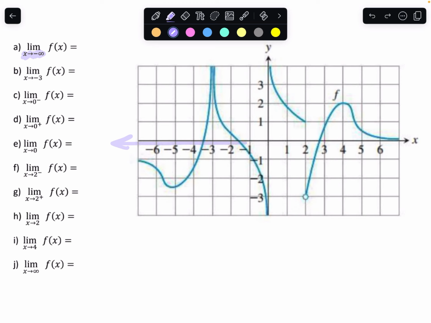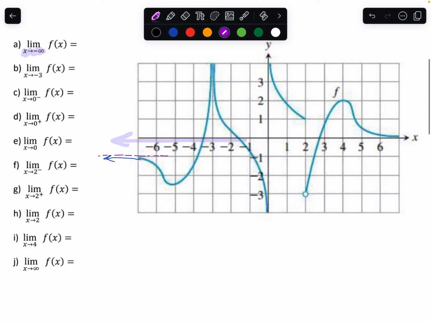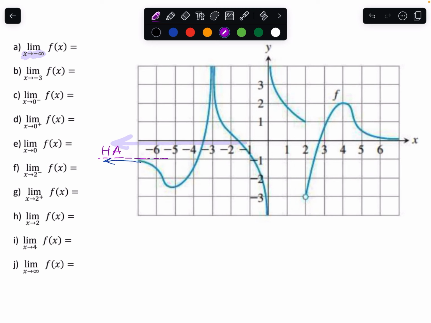It's not super apparent in this picture, but it will be apparent on anything I give you on the test. So the graph is approaching a horizontal asymptote at y equals -1. So since we are approaching y equals -1, the horizontal asymptote, that is what the limit value is.